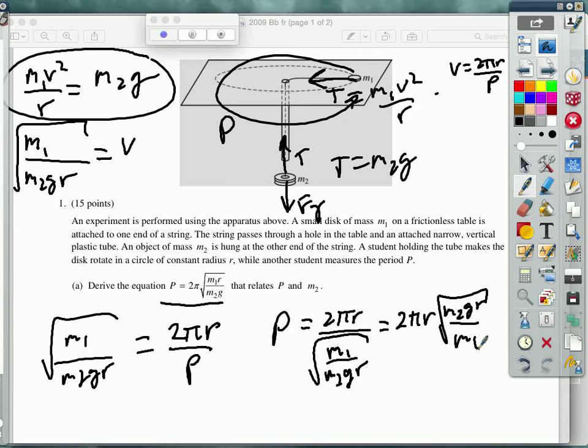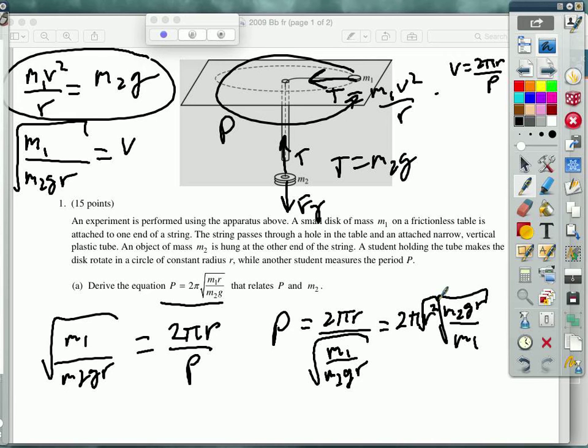Here, does this make sense? You see what I did? I just inverted this. Everybody go with that? Okay, so if that's true, then do you see that this R, if I square that and take the square root, I can now move it inside here.